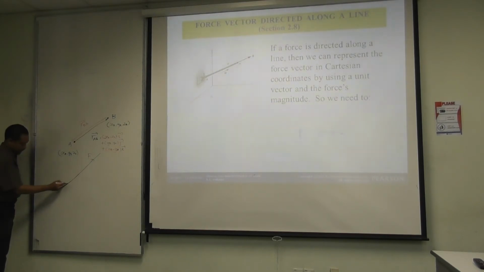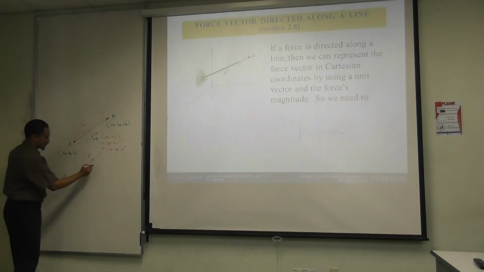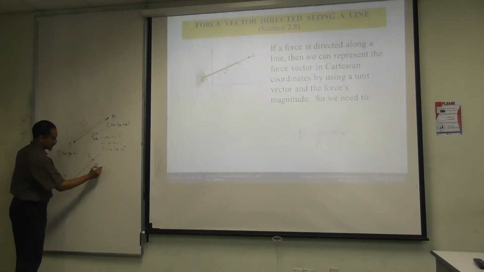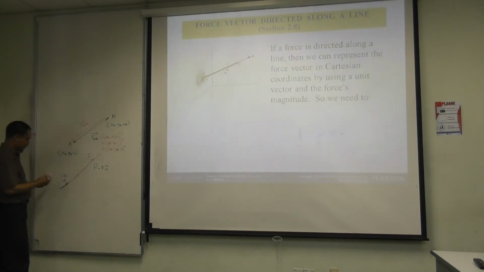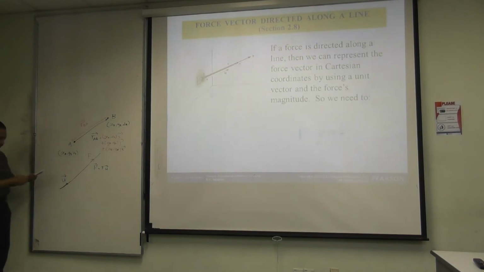If we know the unit vector, then vector F is simply F times the unit vector, right? Understand this concept, right? And this unit vector can be determined from any vector that we know along this line divided by its magnitude. Right?